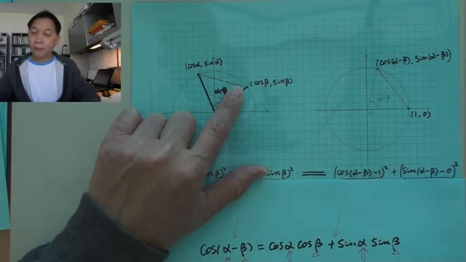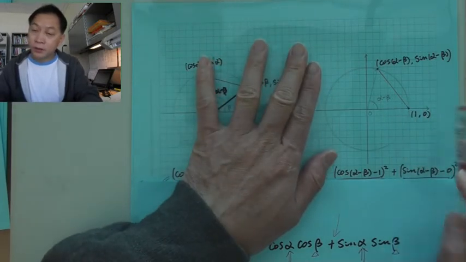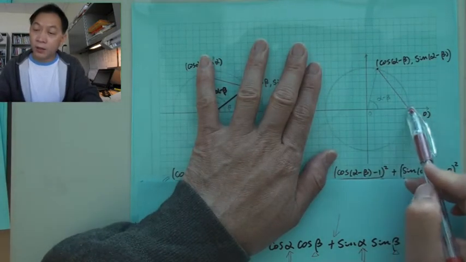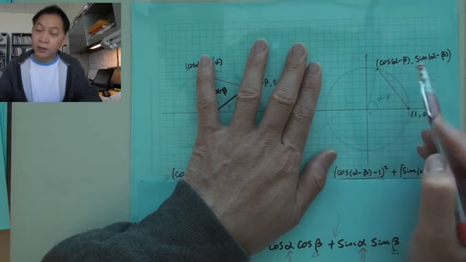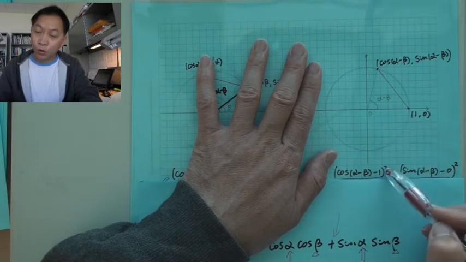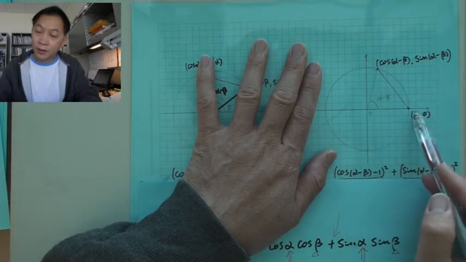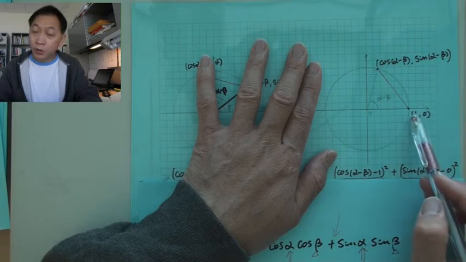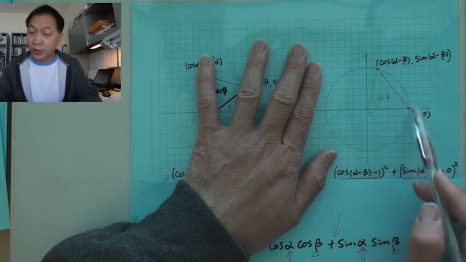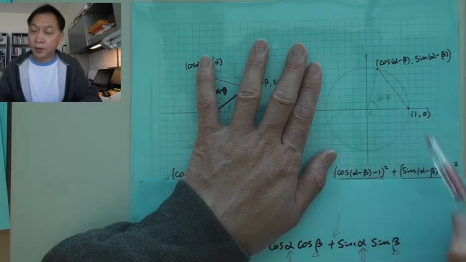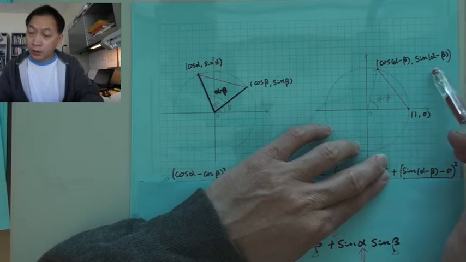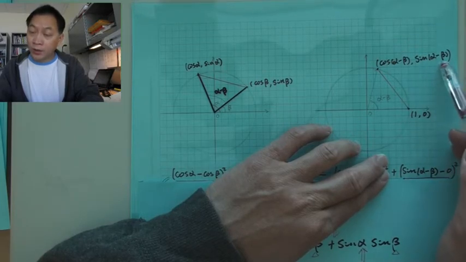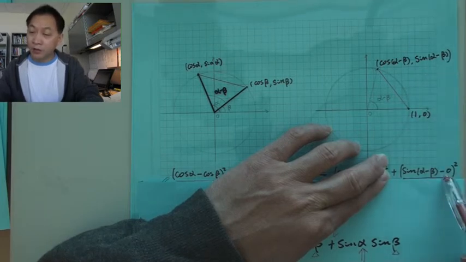Now, similarly, the distance squared of this red line is what? It is the x coordinate, that's cosine alpha minus beta, then minus 1 squared. So the difference of x coordinates squared, plus the difference of y coordinates, sine alpha minus beta minus 0.